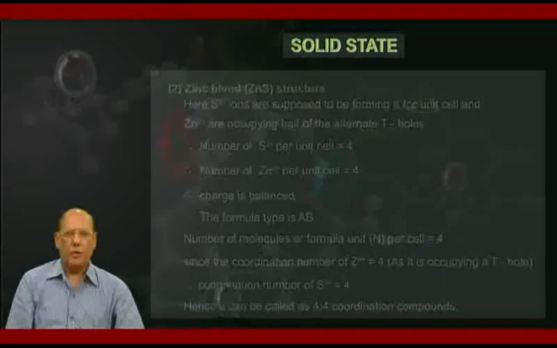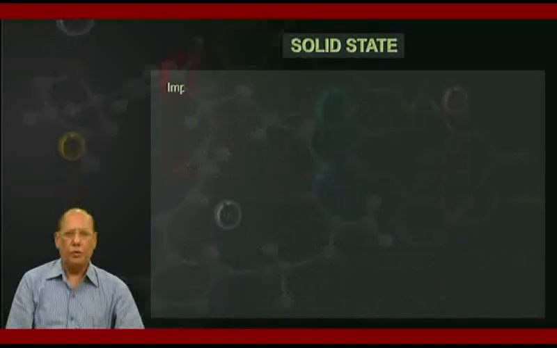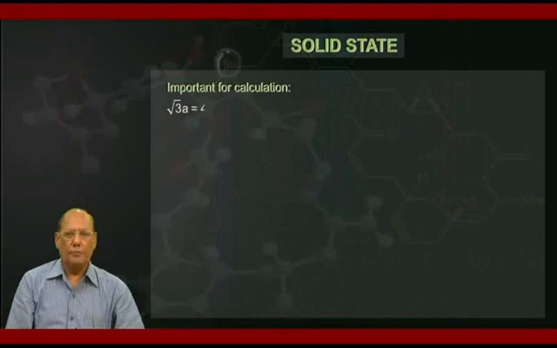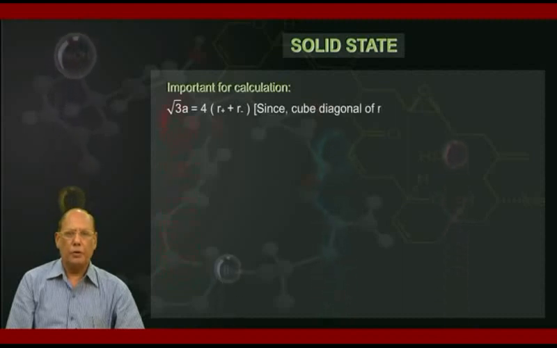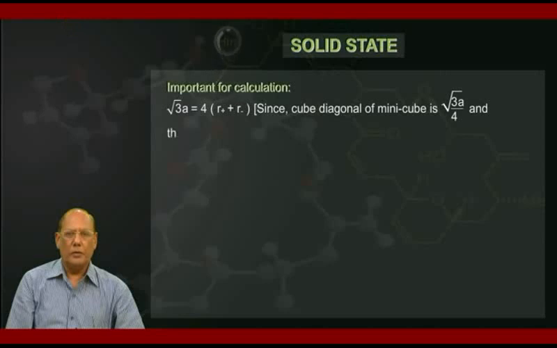Again, from calculation point of view, the important points are root 3 a is equal to 4 times r plus plus r minus, because cube diagonal of a mini cube is root 3 a by 4, and that is equal to r plus plus r minus.